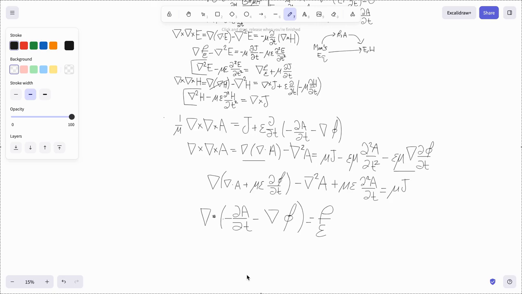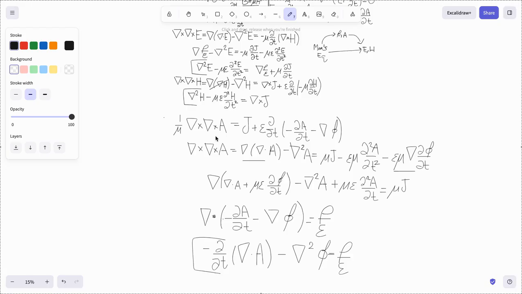And then we can rewrite this further as minus partial t of the divergence of A minus the Laplacian of phi is equal to rho over epsilon.